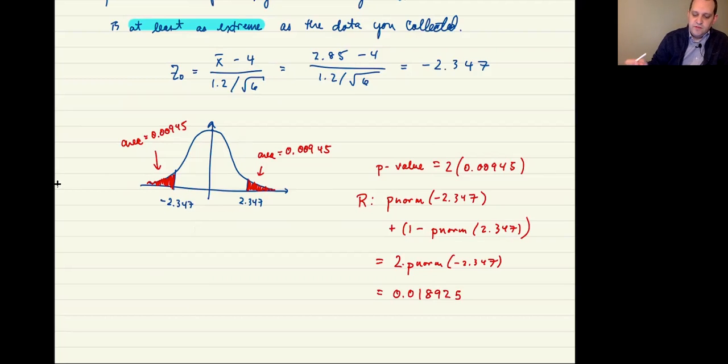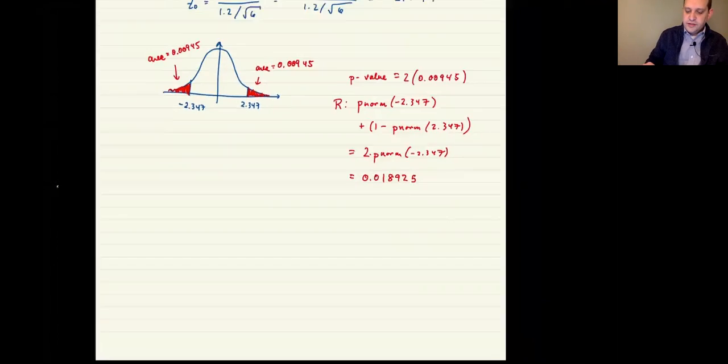But that's how you get the p-value. The p-value in this context is the sum of these two areas, because data that would give you a standardized value in these regions would be at least as extreme, at least this far away from the population mean. So that is how p-values work in that context.